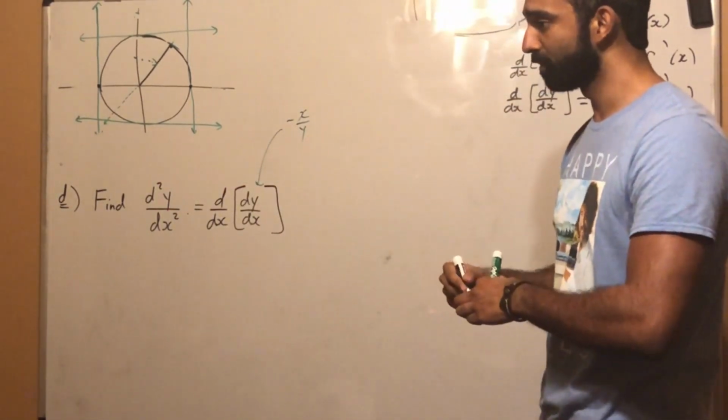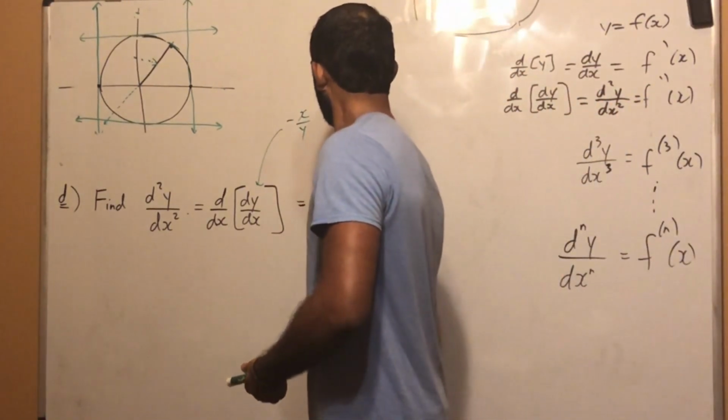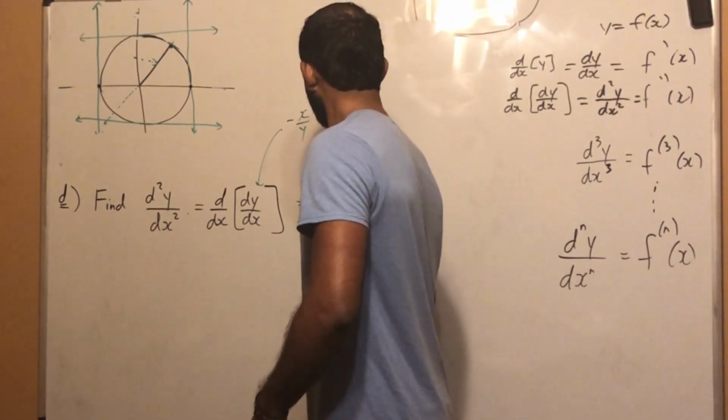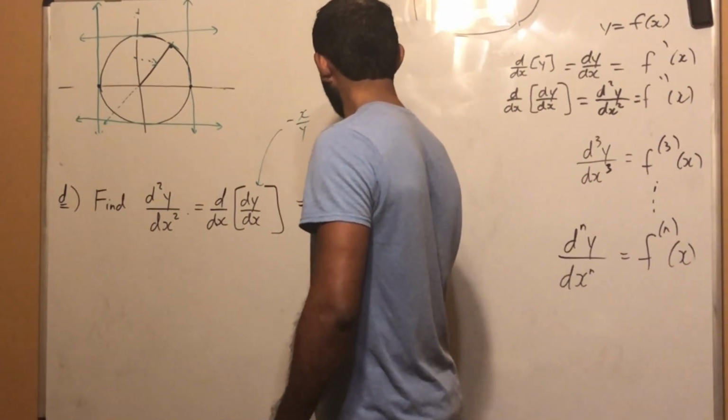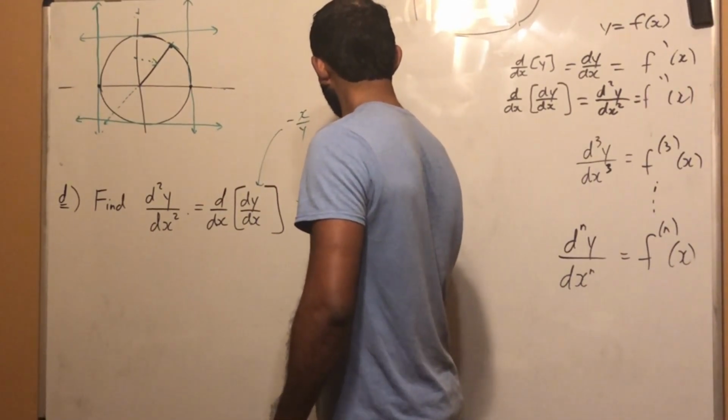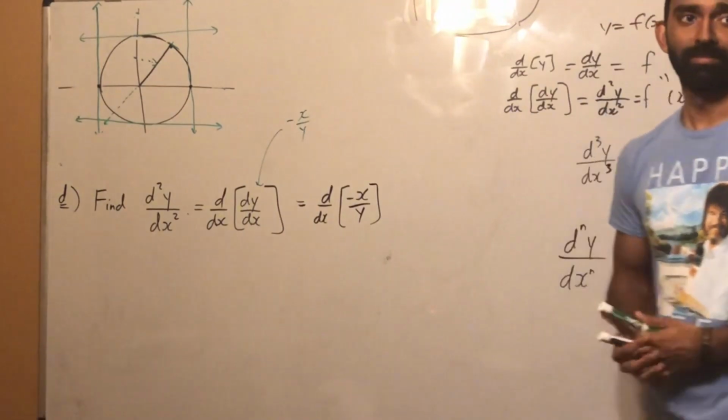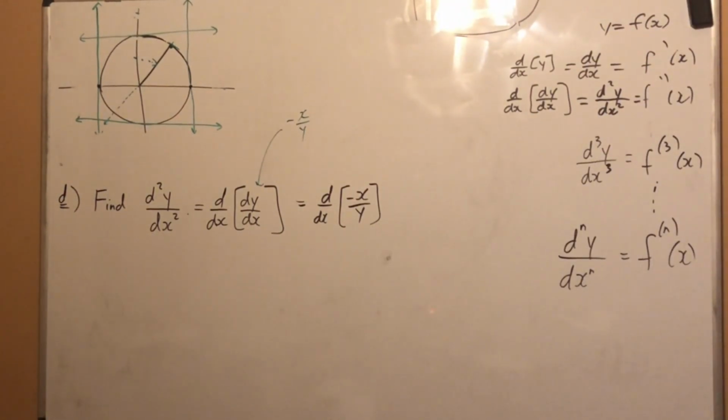Not the product rule, but the quotient rule. So someone remind me, what is the quotient rule? Low times derivative of the high minus high times derivative of the low all over low squared. Yes. Or more simply, low d high minus high d low over low squared.